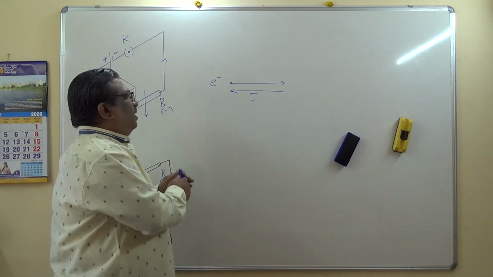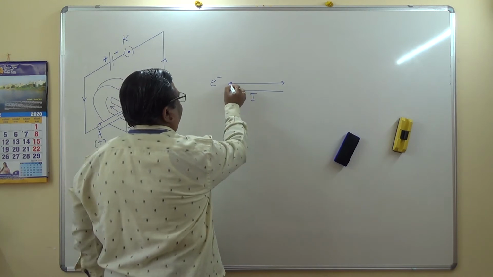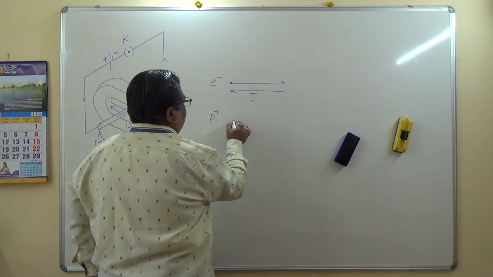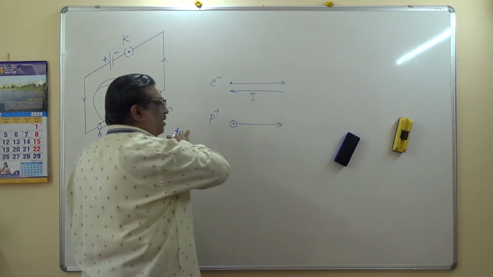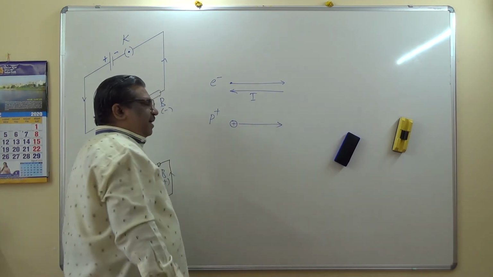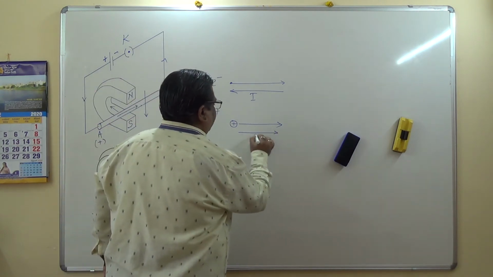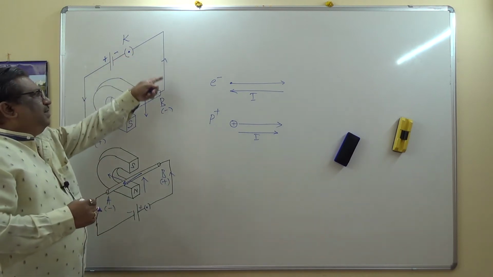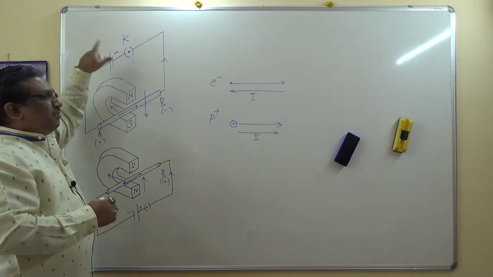Next come positively charged particles. I talked about an electron; let me talk about P plus, protons. If the protons are ejected this way, what is the direction of the current? It is the same as the motion of the protons, because protons move from the positive terminal to the negative terminal.